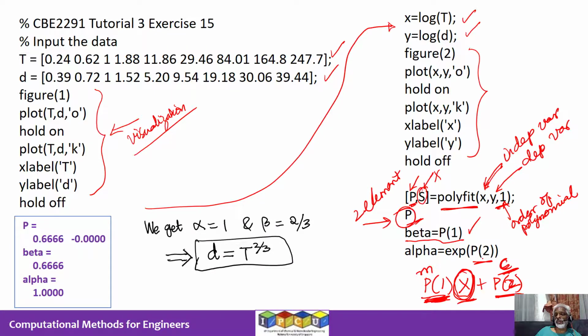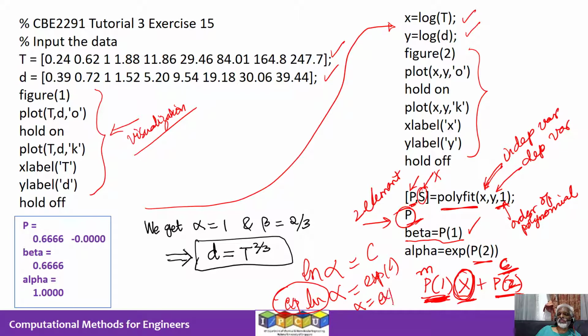Since ln alpha was c in the previous slide, if you take the exponential on both sides, exponential of ln alpha equals exponential of c, and exponential and ln are inverse functions, so the left side will be just alpha. So alpha is exponential of c, and c is nothing but p of 2.